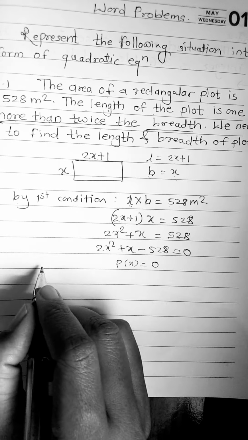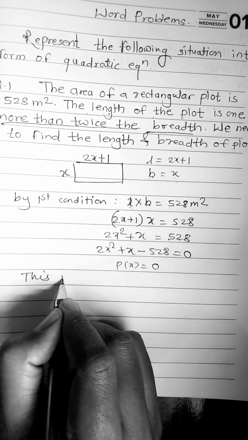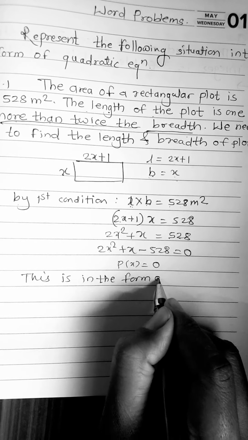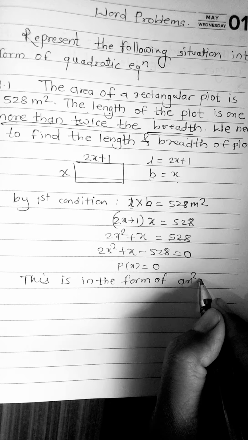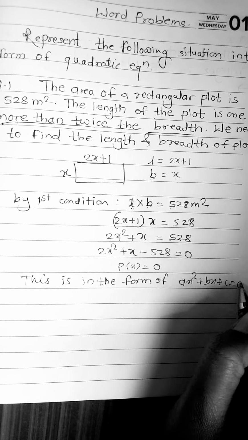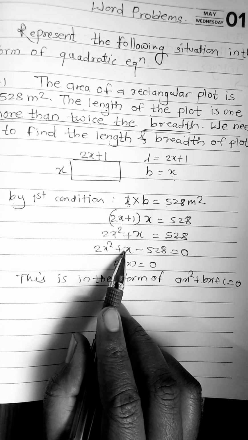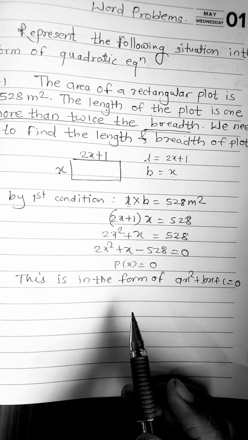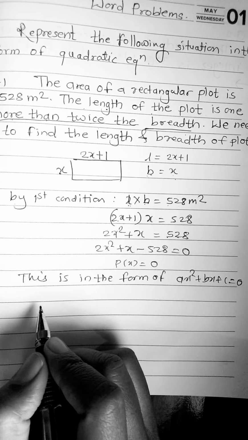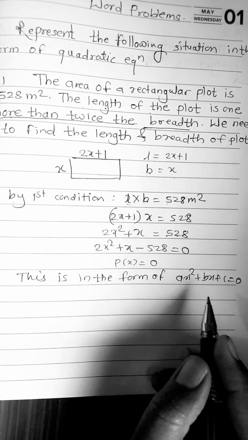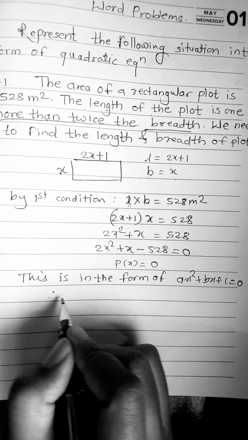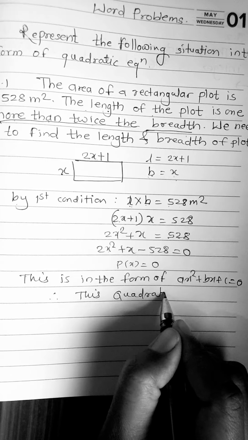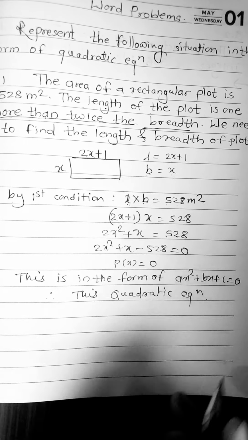It is in the form ax square plus bx plus c equals 0, where a is 2, b is 1, and c is minus 528, all real numbers. Therefore this is a quadratic equation.